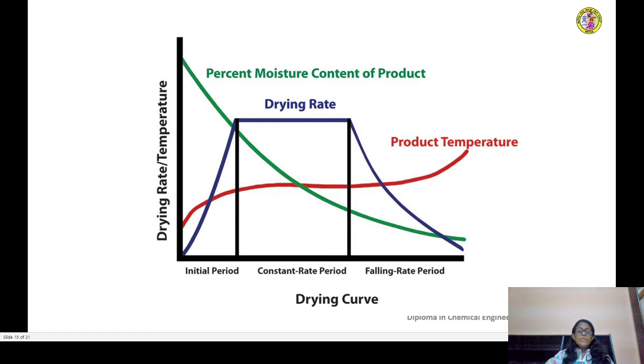Okay, this diagram is showing you the rate of drying curve, also the percentage moisture content of the product, and how the product temperature varies with time. All this has been shown in this diagram.